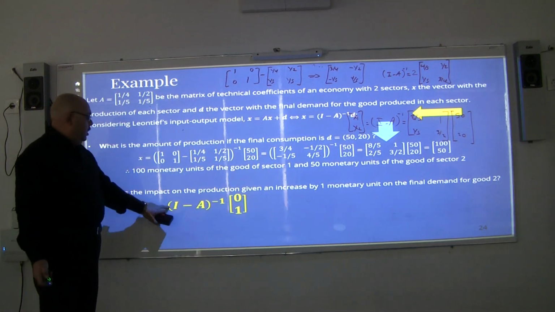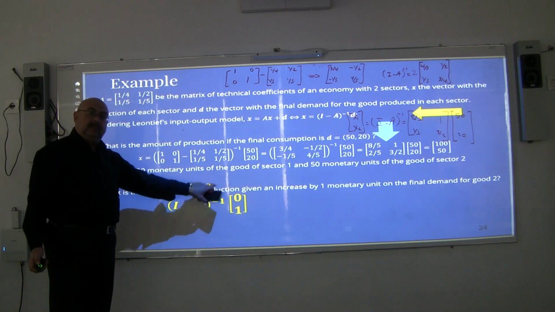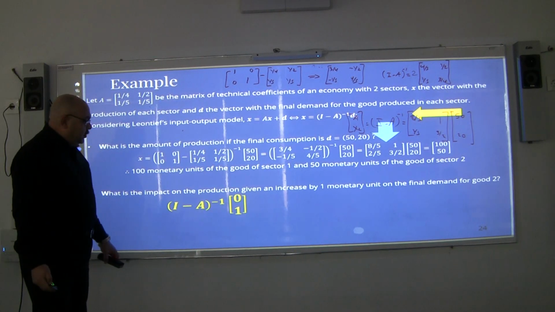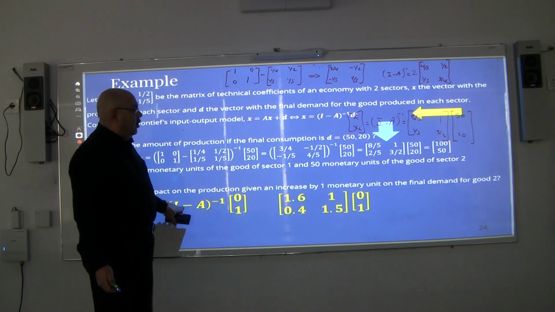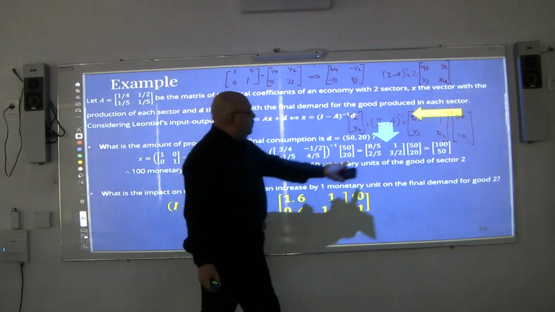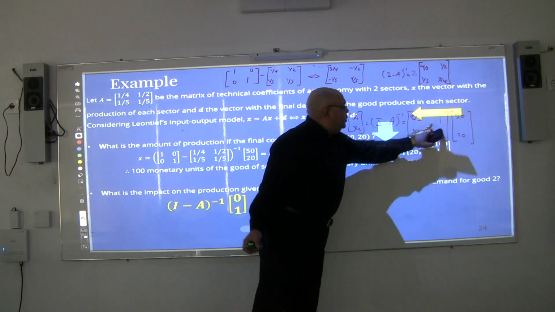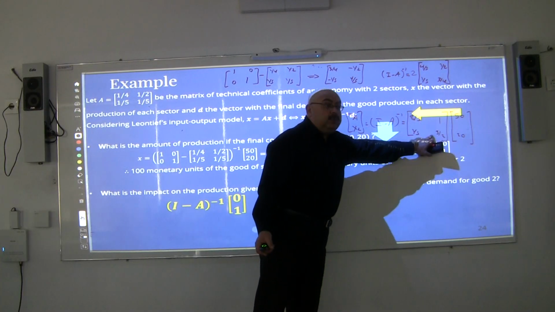Okay, once more, (I minus A) to the power of negative 1 times [0, 1]. Once you do this, of course, this is the Leontief matrix, because 8 over 5 is 1.6, this is 1, this is 0.4, that's 1.5.